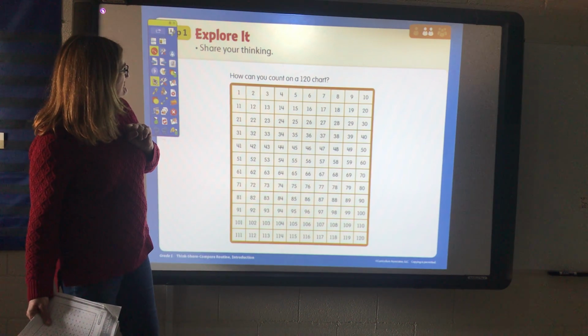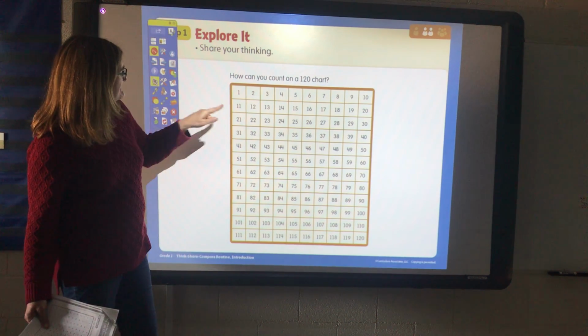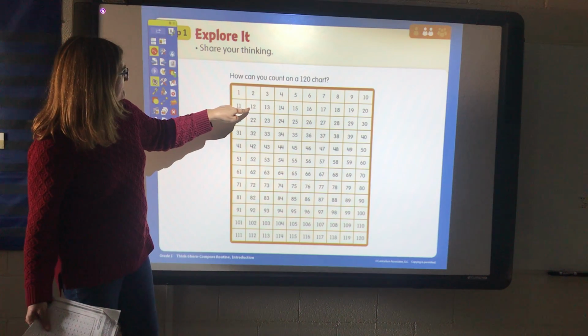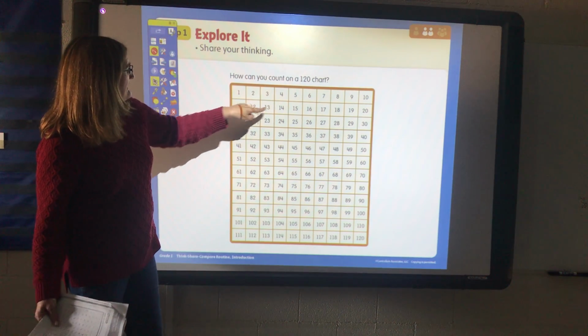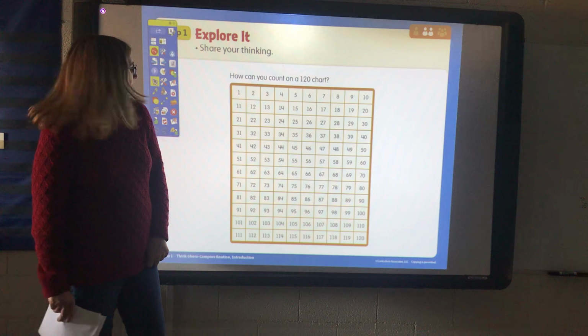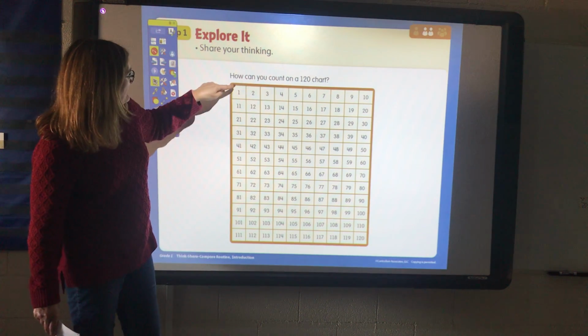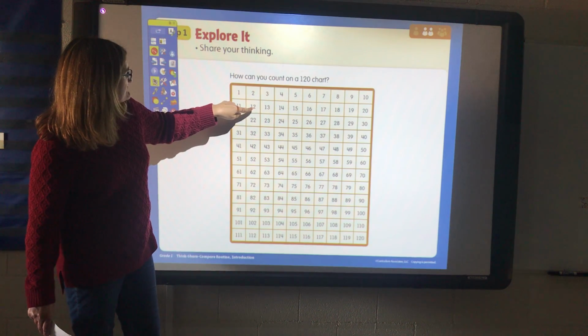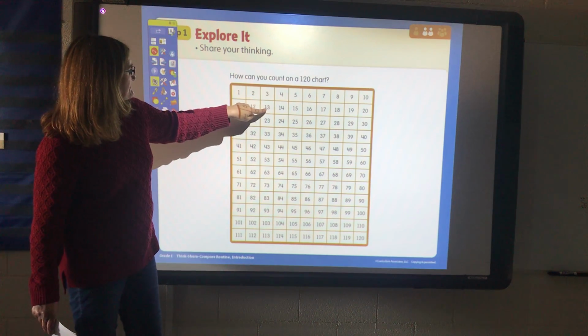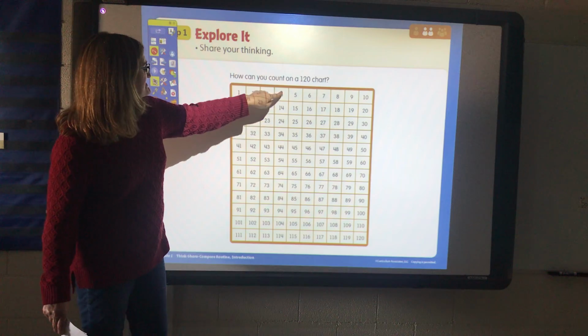I want you to take a good look, and I want you to notice in each column the pattern that we see. Do you notice how 1, 2, 3, 4, we have our 1, we have 12 as the 2, just like the 3, the 13, the 3, 14 is the 4.